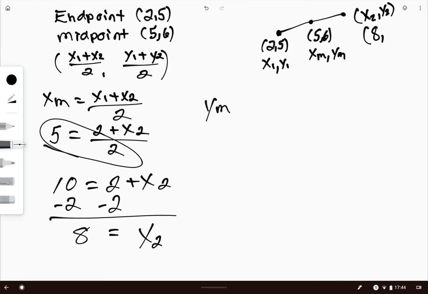Then I'm going to do the same thing to find the y-coordinate of the endpoint that I did to find the x-coordinate. So my y midpoint, or ym, equals 6. My y1 is 5. y2 is what I'm looking for, and I'm dividing everything by 2. So cross multiply.